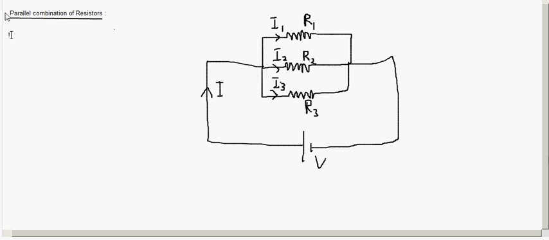So the first point is the potential difference across each resistor is the same and is equal to the net potential difference applied across the combination.